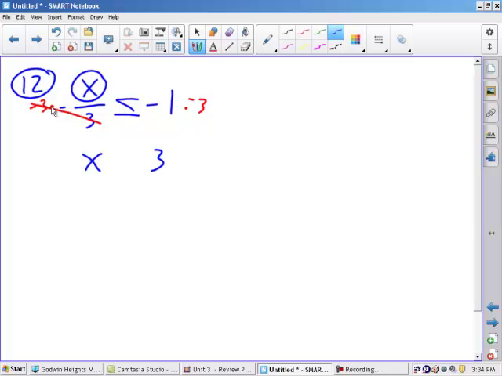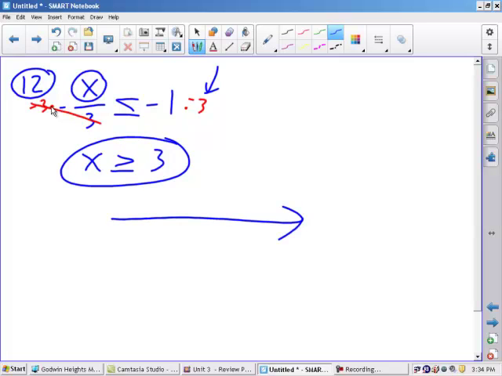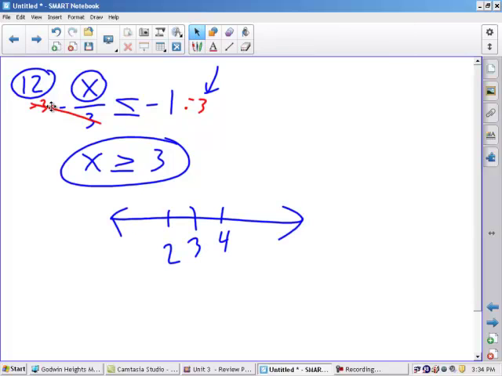And because I multiplied by this negative number right here, I then get to switch the inequality symbol, and then I get to graph. So here's my graph. Put a filled-in circle at 3, and then go in the positive direction.